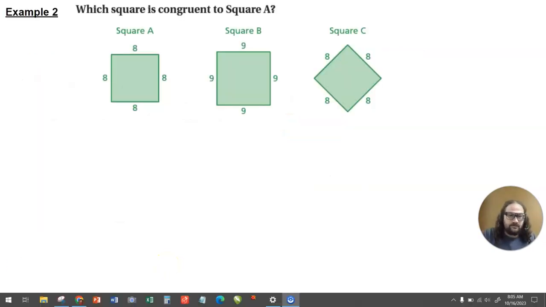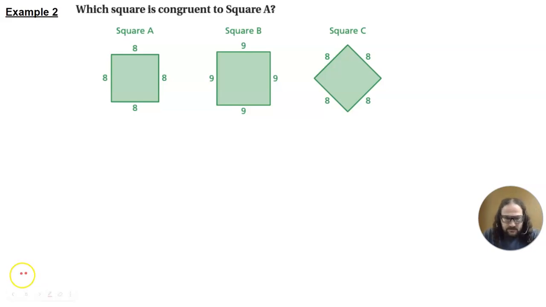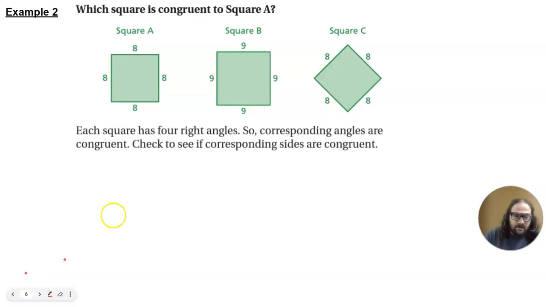Okay, example 2. Which square is congruent to square A? Well, they're all squares, so that means that they all have right angles.